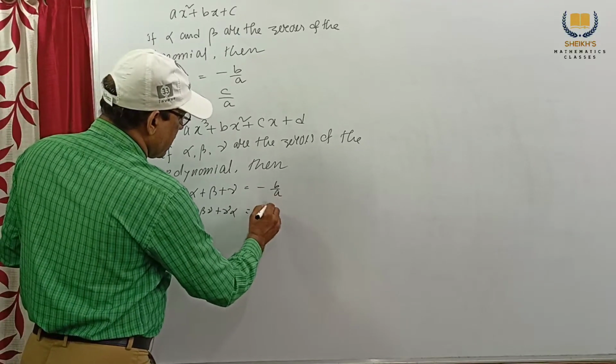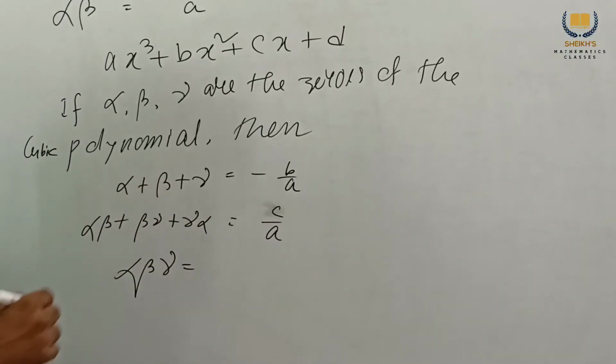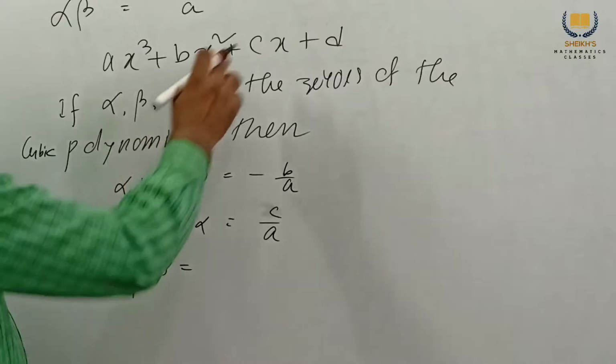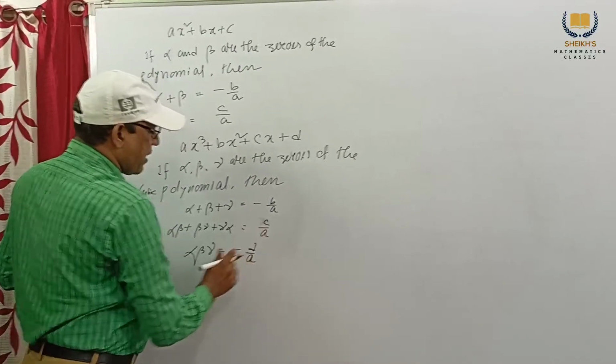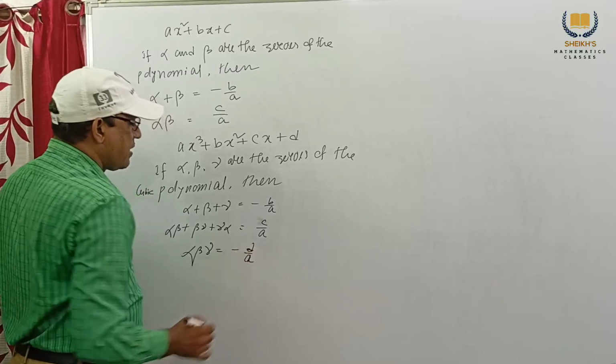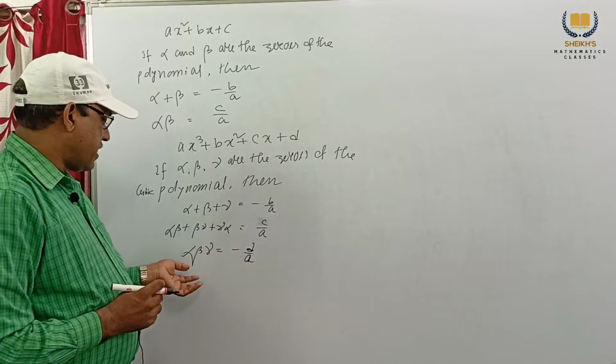And product of the zeros, this is minus d by a. This is the relation between zeros and coefficient.